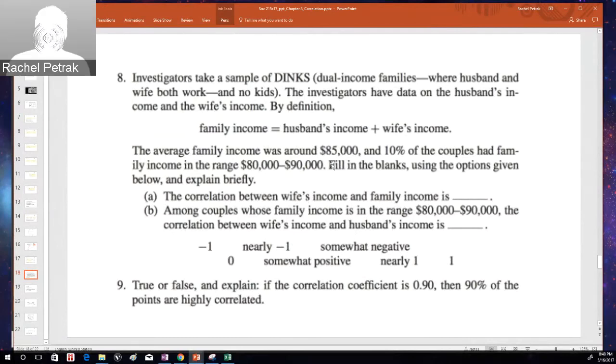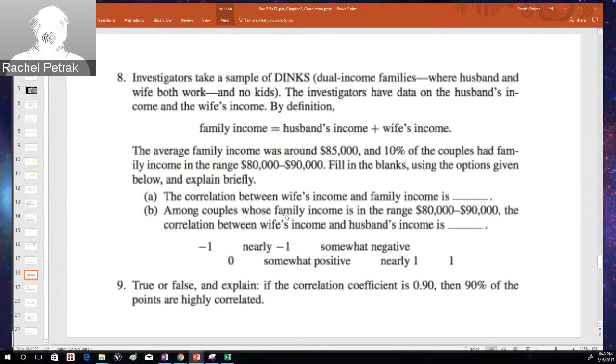Similarly, we would expect husband's income to be somewhat positively correlated with family income, again, depending on the size of wife income.